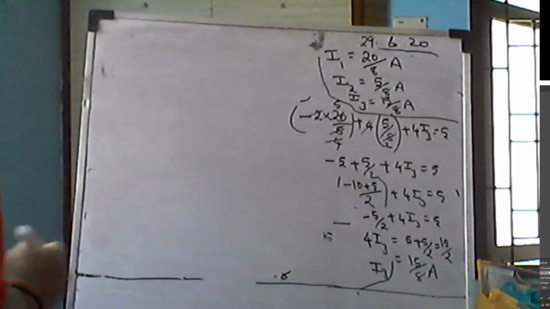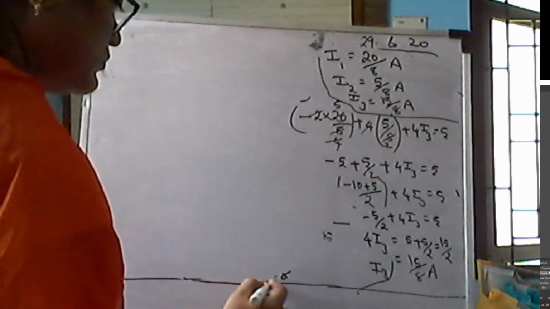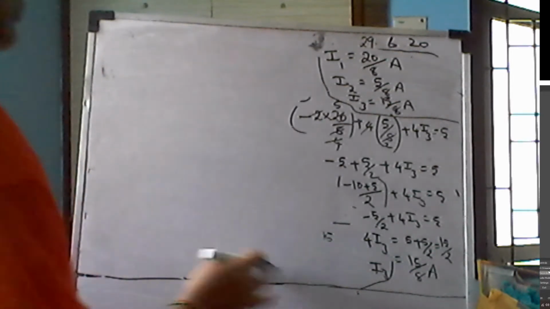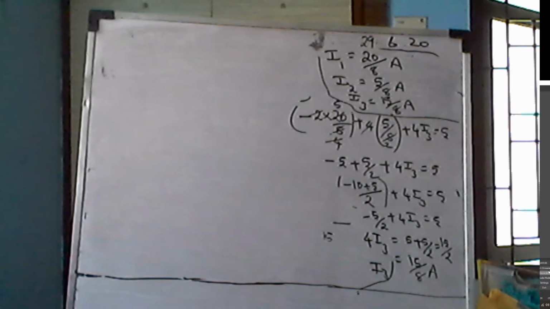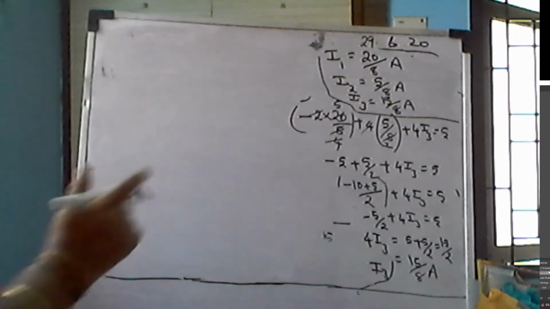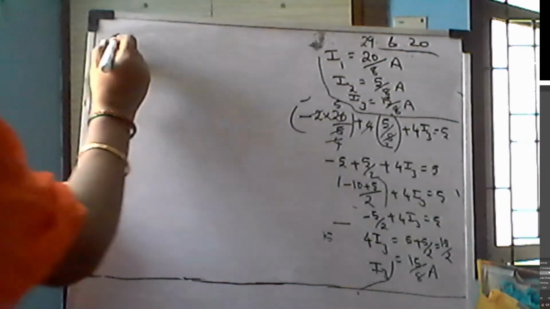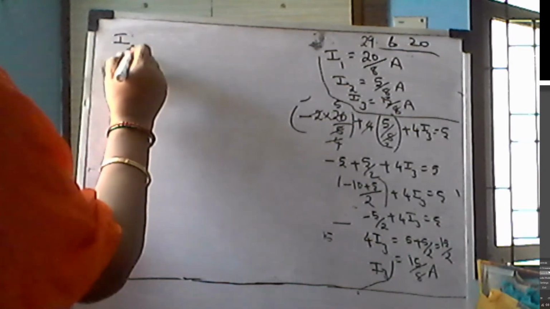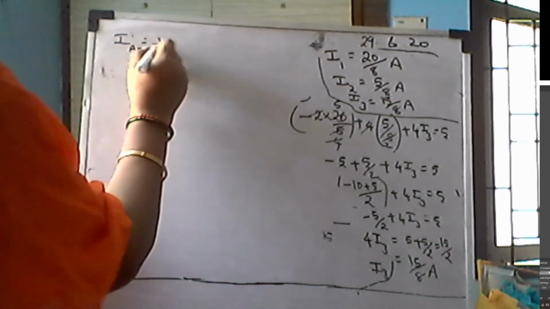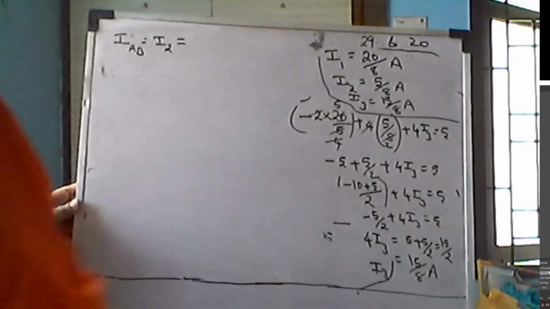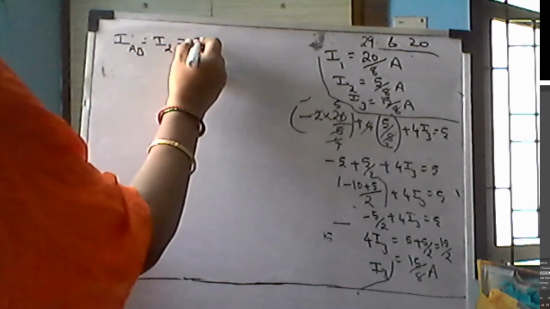Now for I across AB. I across AB is I2. What is I2? 5 by 8 ampere.